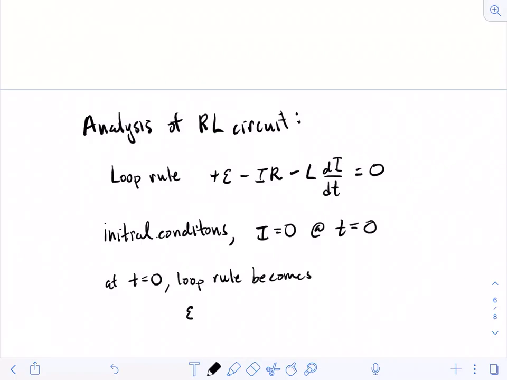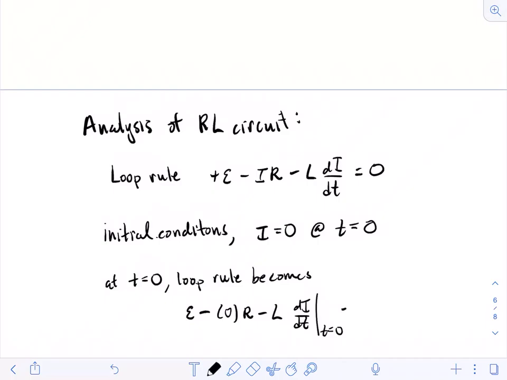We still have the battery voltage, but then we have minus IR, but I is equal to 0, so that part vanishes, so we get minus 0 times R minus L, and then we don't know di/dt at t equals 0.